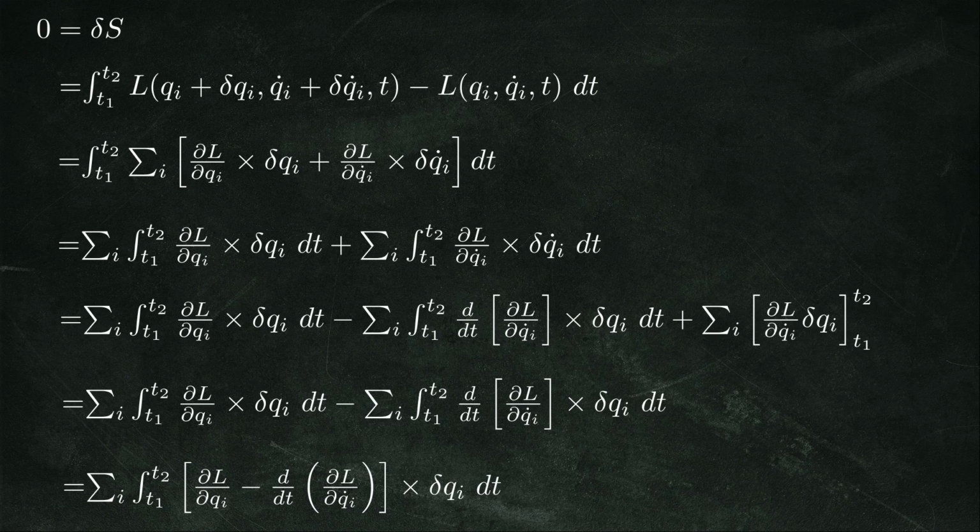And the reason for that is delta q is arbitrary. It could be any path. And so we can't rely on that being 0, or for the whole integral being 0 in some way where things cancel. The only way to ensure it's 0 is to have the thing in square brackets be 0, and that's exactly what the Euler-Lagrange equation tells us.